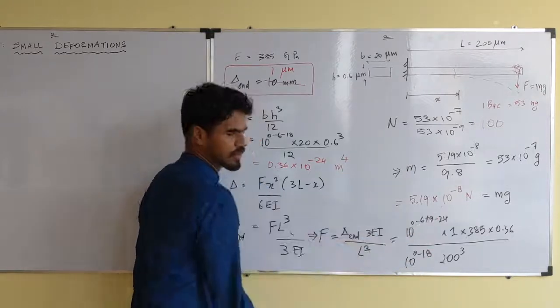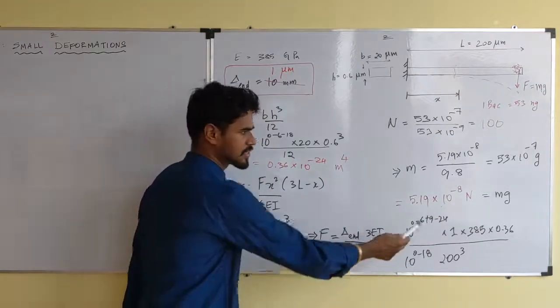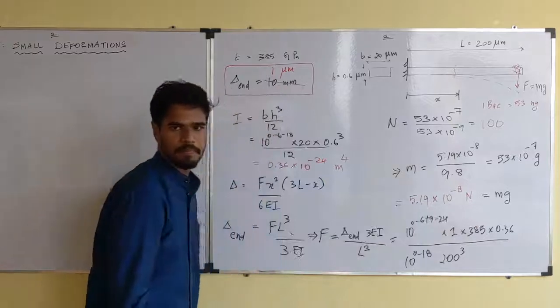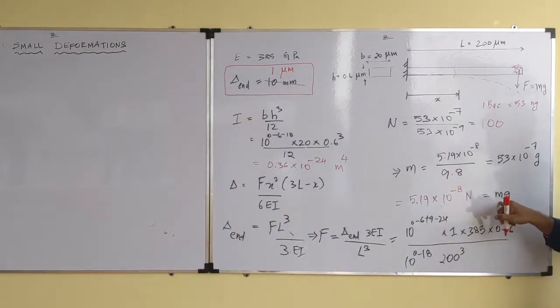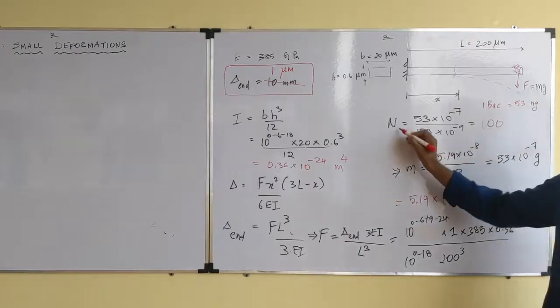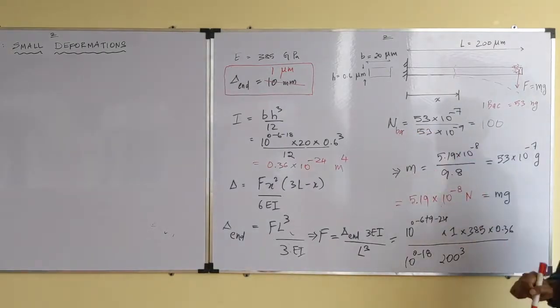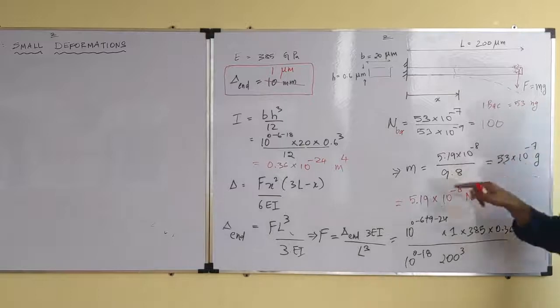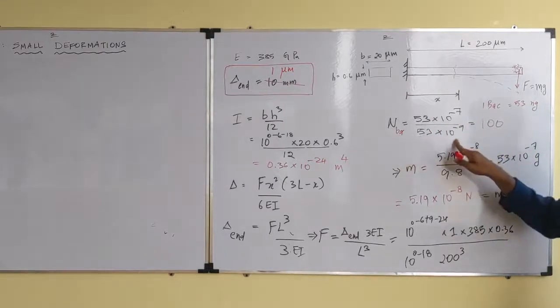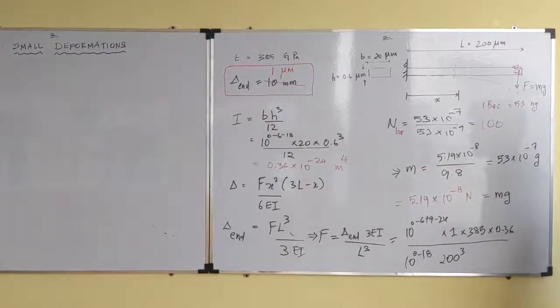The force is nothing but mass times acceleration due to gravity, mg. Now we can find the total mass of bacteria from this, which is 53 times 10 power minus 7 grams. Using this, you could find the number of bacteria using the weight of one bacteria: total mass divided by the mass of one bacteria. That turns out to be 100.